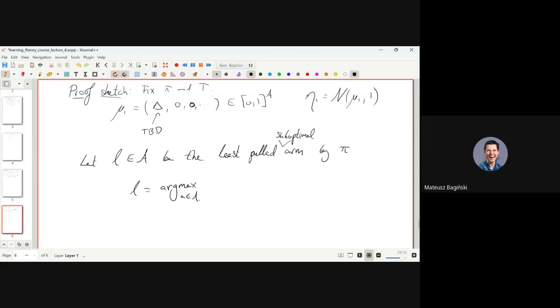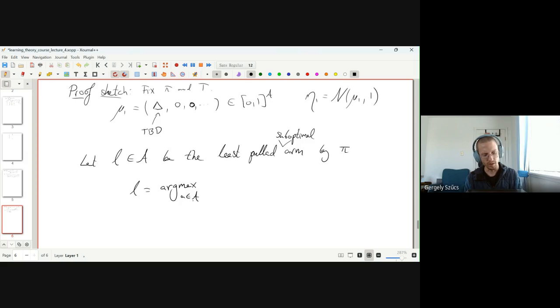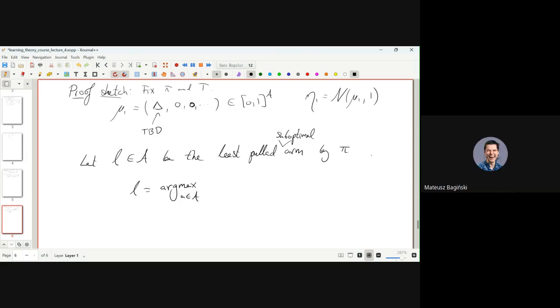You mean least pulled for the entire T rounds or so far? For the entire T rounds.